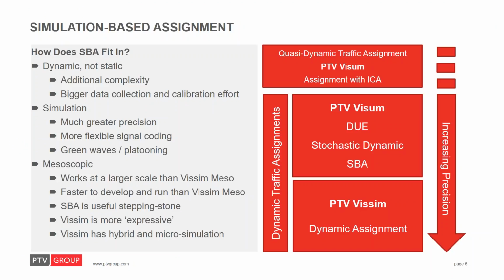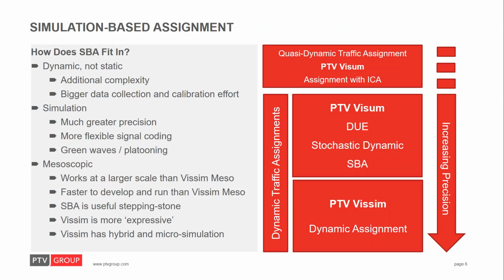So how does SBA compare with the mesoscopic simulation in Visum? Both assignments use the same method for network loading, but still SBA can handle bigger networks with faster runtimes than the mesoscopic simulation in Visum. SBA in Visum is based on the macroscopic data model, and outputs are suitable for analysis in Visum.